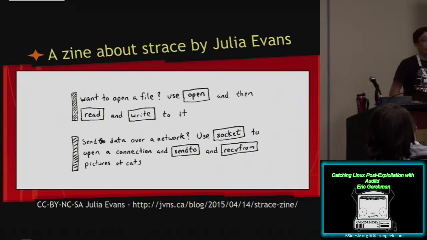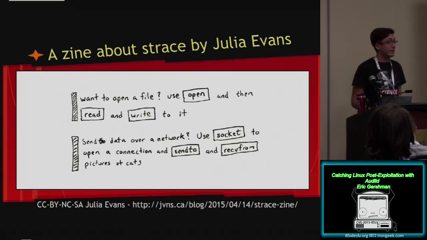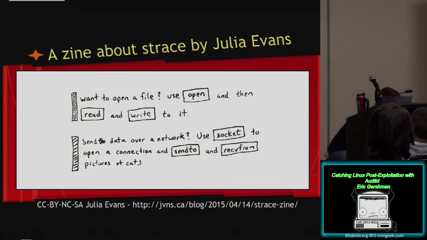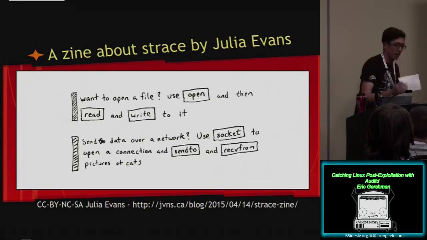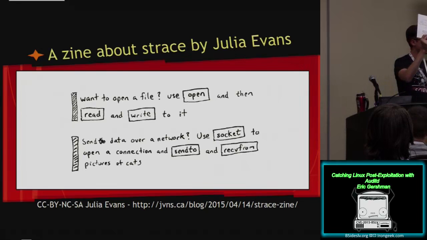Let's say you really wanted to send pictures of cats over the internet. You would call the socket syscall to open the connection, and then send to and receive from to exchange pictures of cats. So I printed a bunch of copies of the zine. Just find me after the talk if you want a copy.